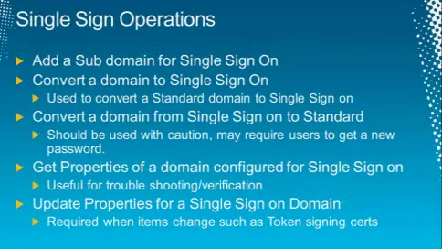What we can do is convert from that standard domain across to single sign-on. It's a one-step operation. It's a big button, and the entire organization is converted in that way. The second thing we can do is obviously convert back, from a federated domain back to a standard domain.